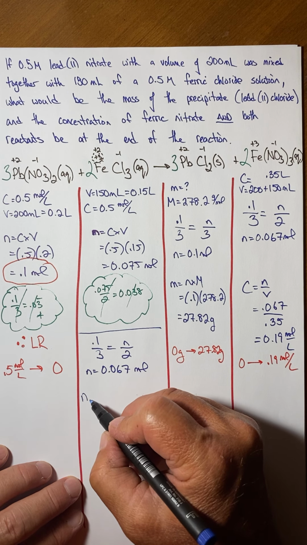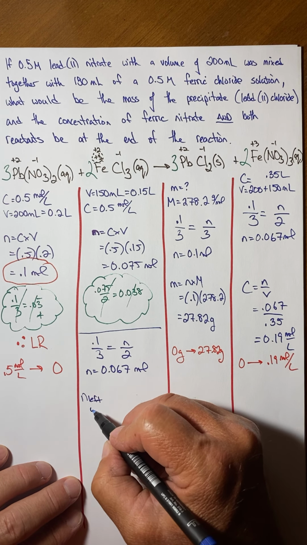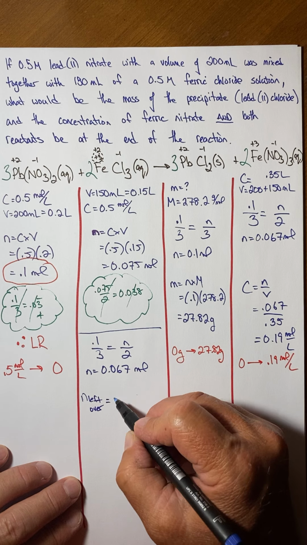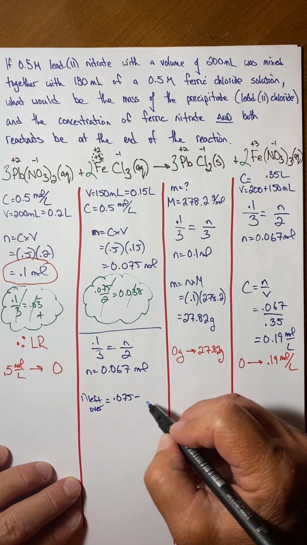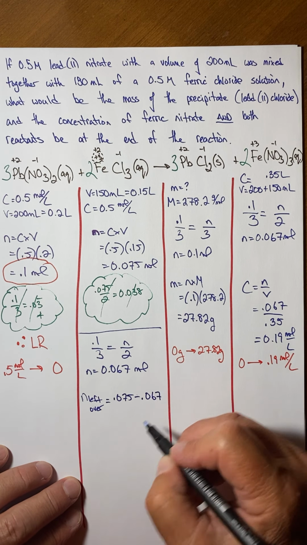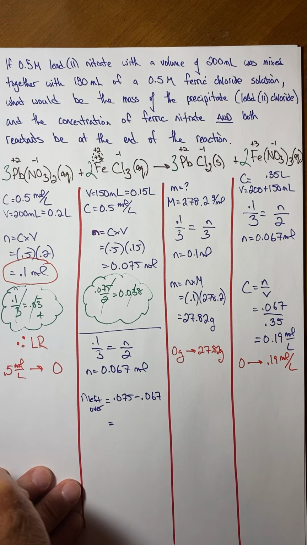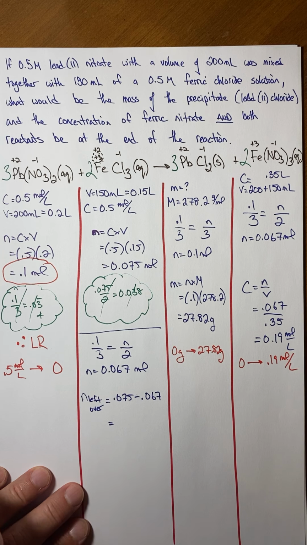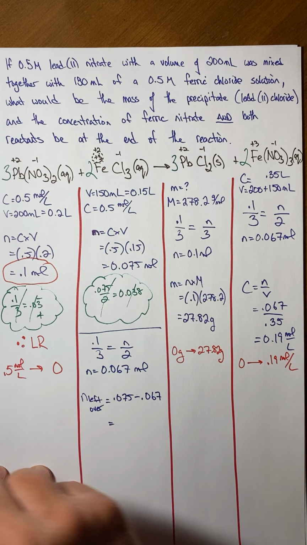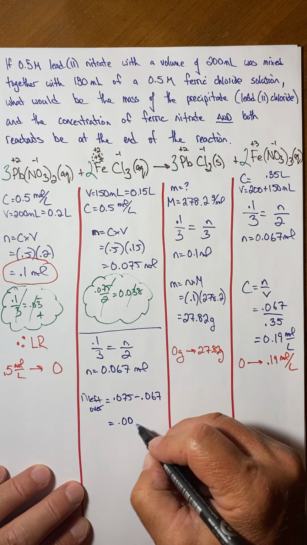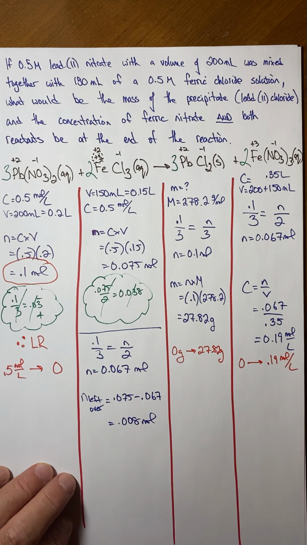So I'm going to take the number of moles that I started with, 0.075, and I'm going to subtract 0.067 from that. So when I do that, I get 0.008 moles are going to be left over.